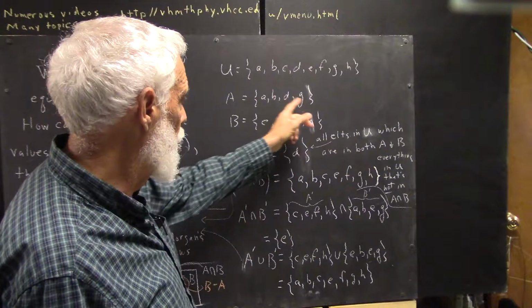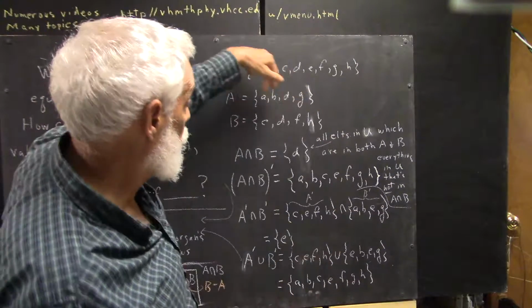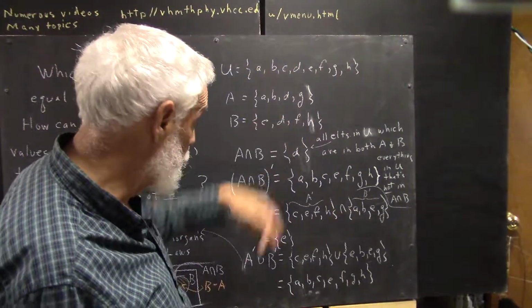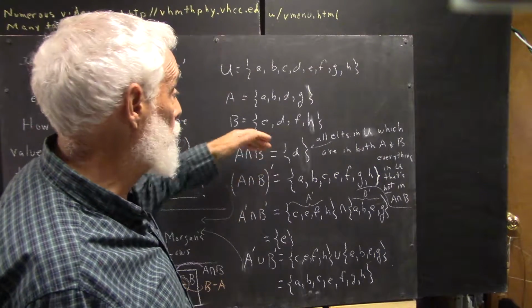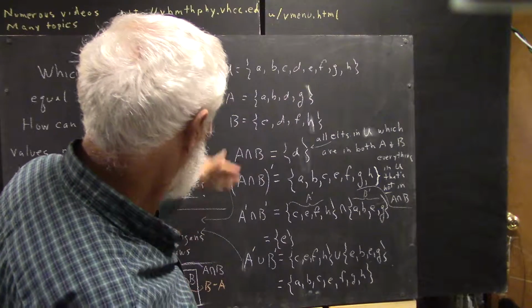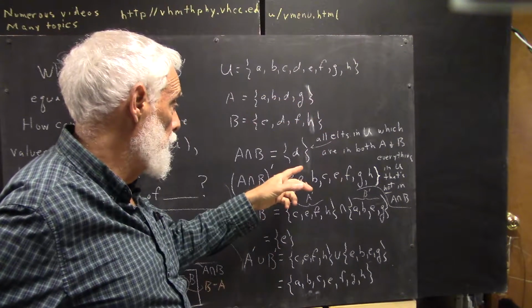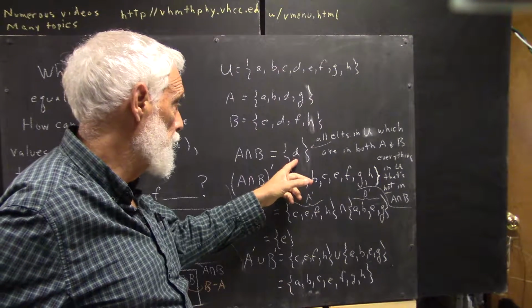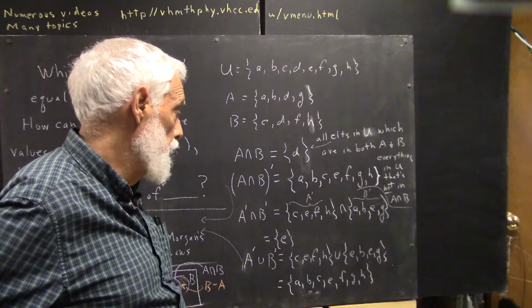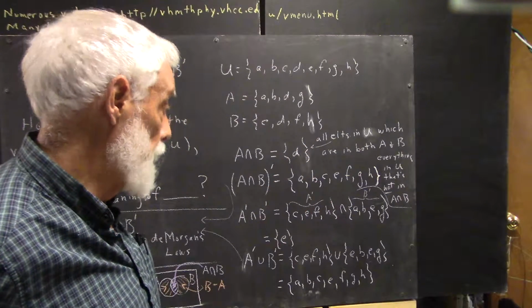H, look through A, it's not there. Okay, I don't have to look at anything else. I don't have to go up through the elements of A and see if they're also in B, because I've already checked all the elements of B to see which ones are in A. So I close off my braces, and I get the intersection, which is just a set consisting of the element D.